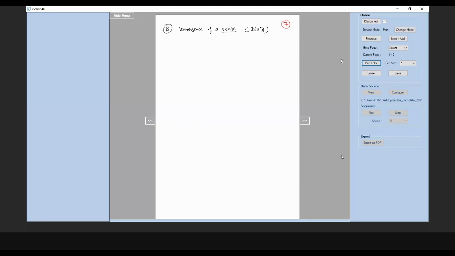Now in this case, first of all, the practical or physical definition of divergence is to be understood very well.